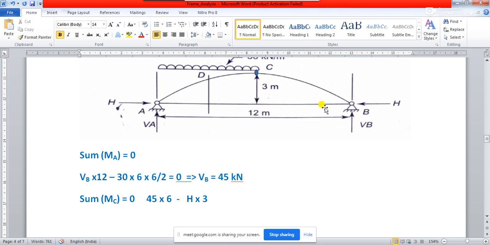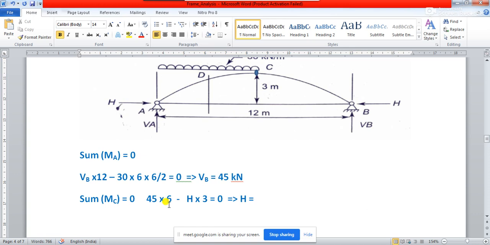So this H is going to be creating a moment about C, which will be nothing but H multiplied by this distance, the rise of the arch. So this is going to be equal to 0. Okay. So from this equation now we should be able to find out the value of H. So what will be the value of H, you tell me?